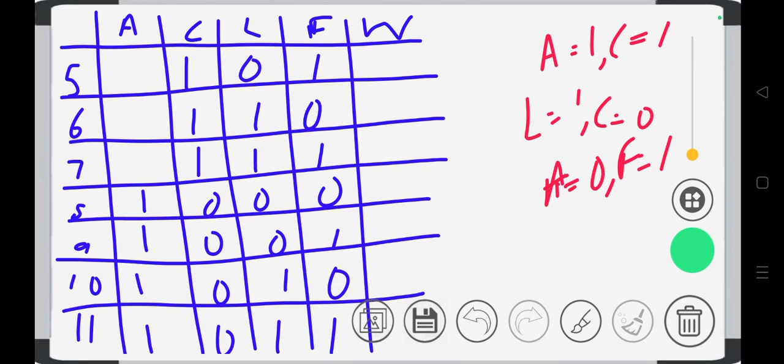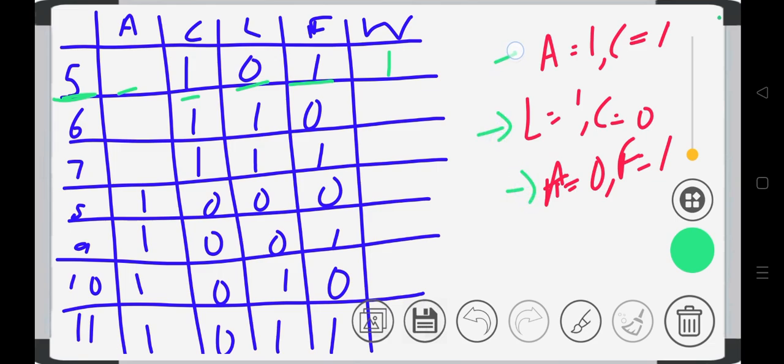The output for number 5 will be, let us first analyze, right? A1 C1, is A1 C1? No. Is L1 C0? No, L is 0. A0 F1, yes, A0 F1, this is satisfied, that means this is 1. So the third condition satisfies.